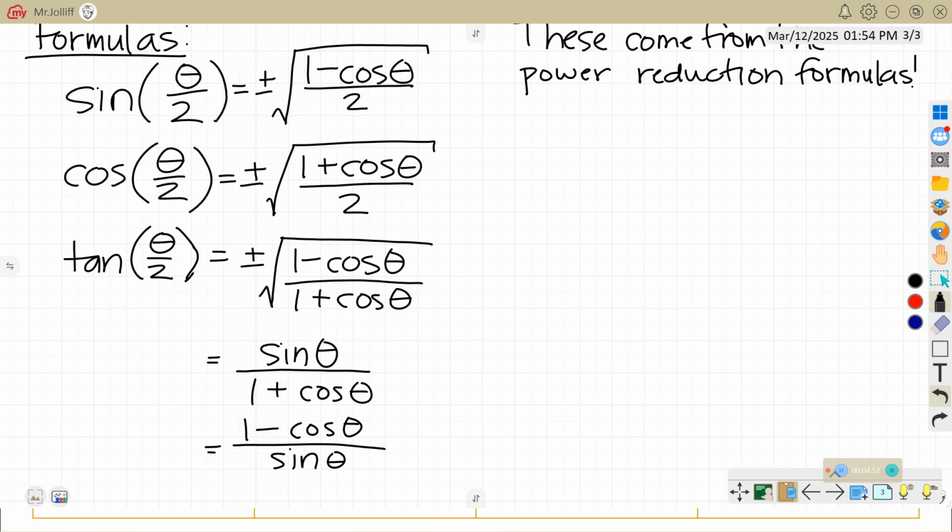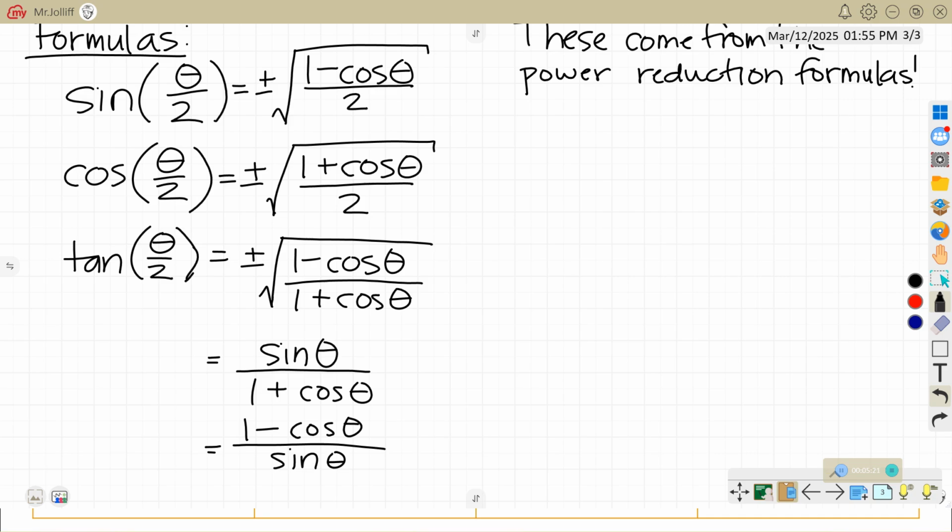Those 3 statements for tan of theta over 2 are equivalent. They should give you the same answer. Some of them will work better depending on what your sine and cosine fractions look like. I want to take a look at where that first one came from really quickly, how we get from the square root to the non-square root, because I think that it's a useful tool to have in our toolbox. Yeah?